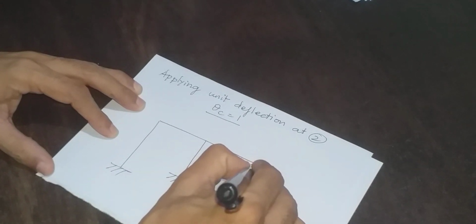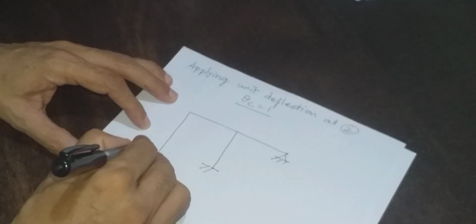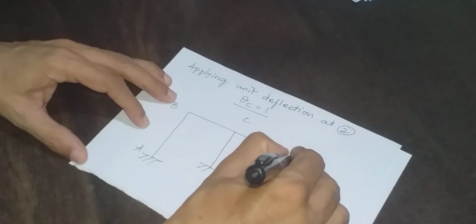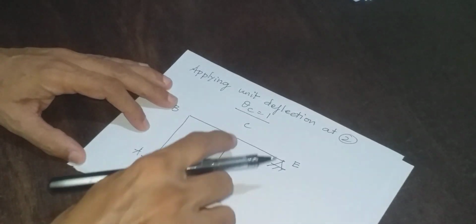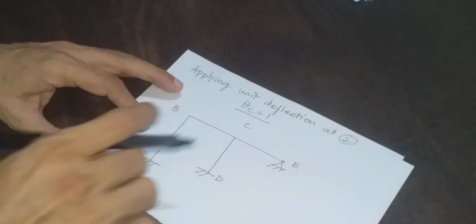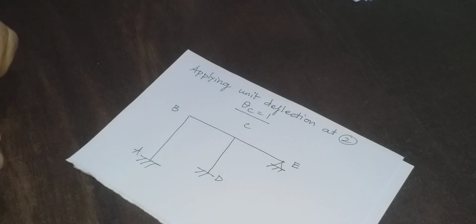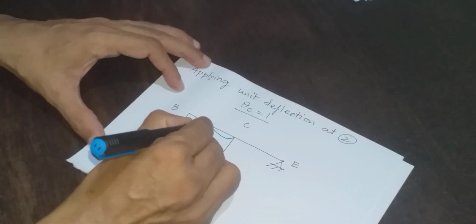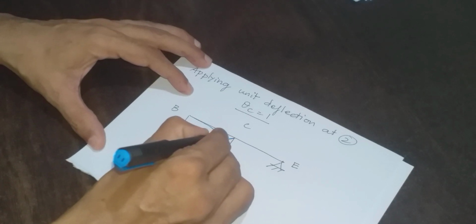I am again drawing the structure. This is A, B, C, D, E. I am applying unit deflection. C member is connected by CB, CD and CE, so all the three members will get affected. The deflected shape of CB will be like this, because the deflection theta c will be unity.